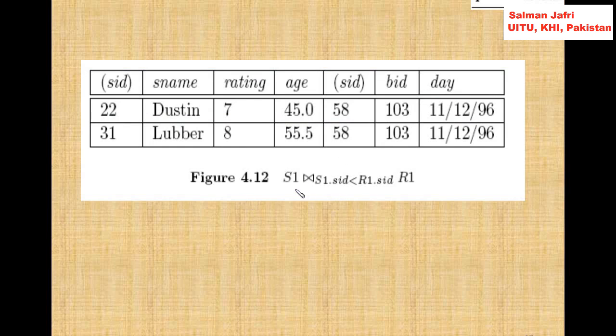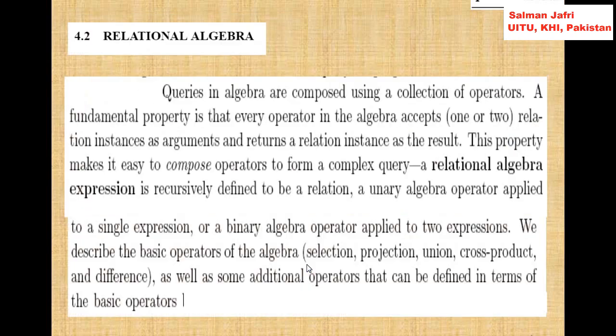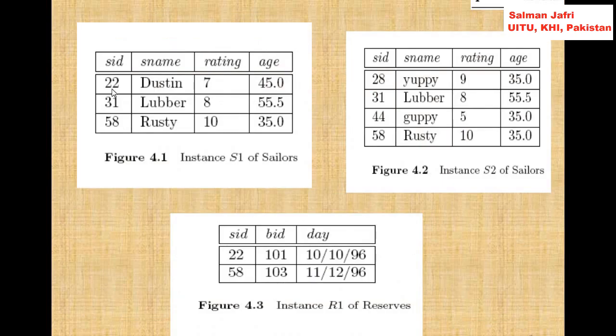Let's look at this example. S1 is joined with R1, and what is the joining condition? S1.SID should be less than R1.SID.